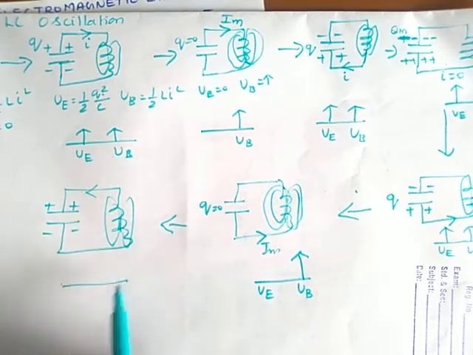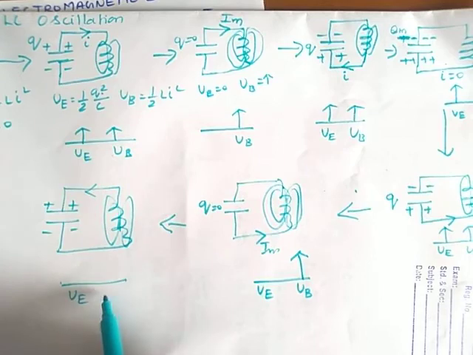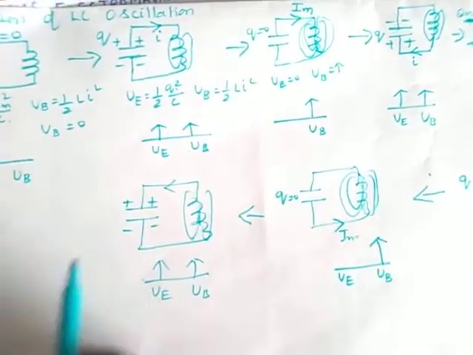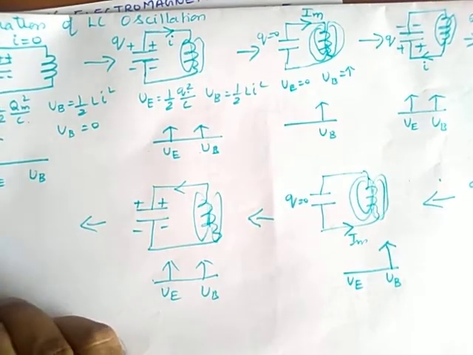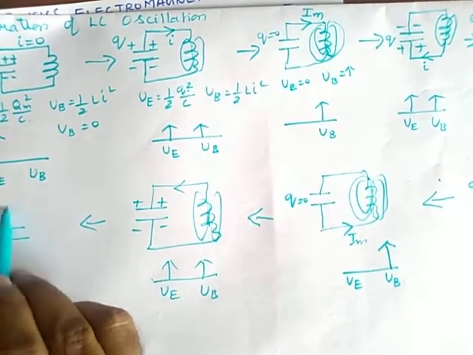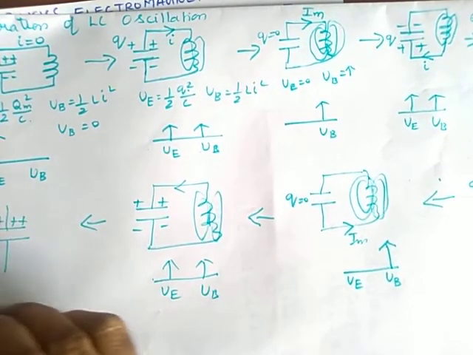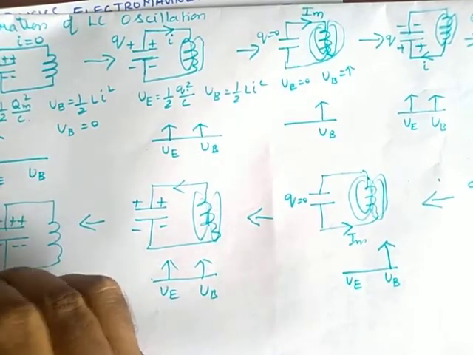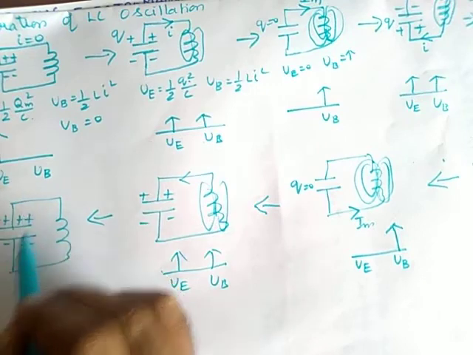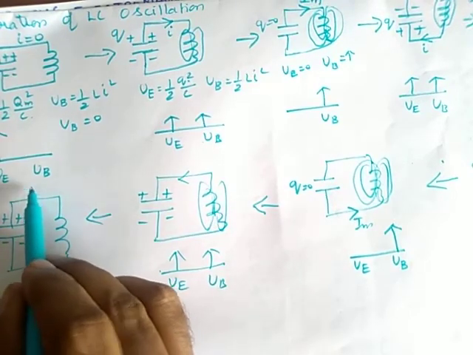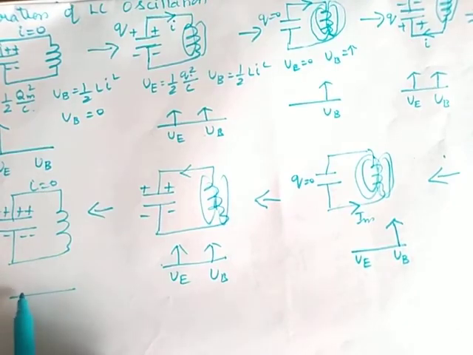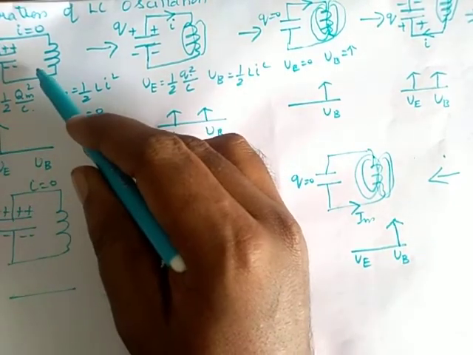So the energy is partially electrical and partially magnetic. At the next instant, the capacitor is fully charged. At that case, charge will be maximum and the current flow in the device will be 0.